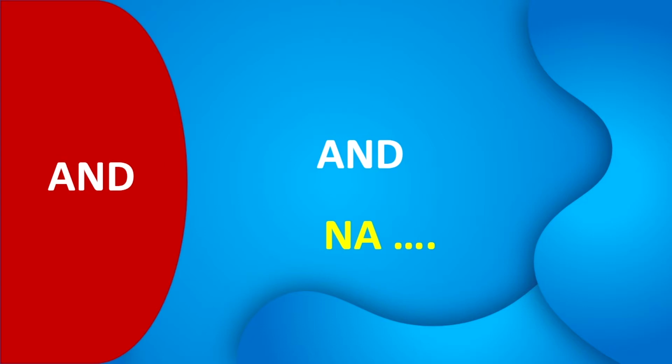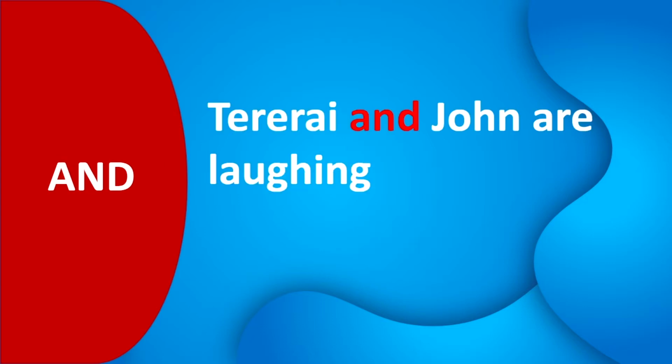That's when we use "na". So remember, "and" is translated to "na" when we are dealing with actual names of people or proper nouns of people. Let's do examples so that you get this concept clear.